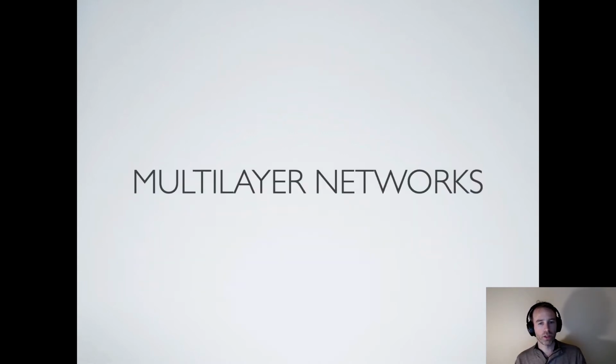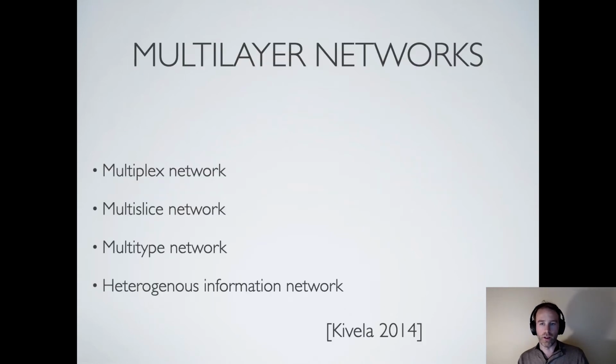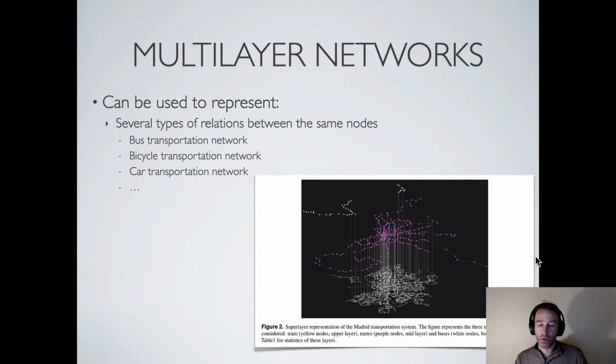Okay, another type of network are the multi-layer networks. They have different names: multiplex, multi-slice, multi-type, heterogeneous information network. You can look at this reference, which is also, I think, at the end of the slides, for details, for a complete review actually.